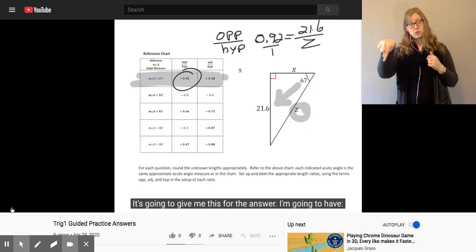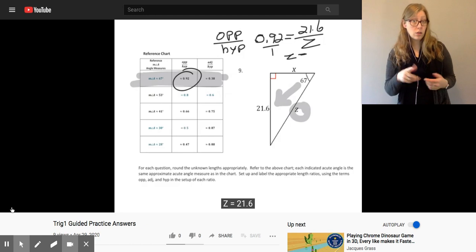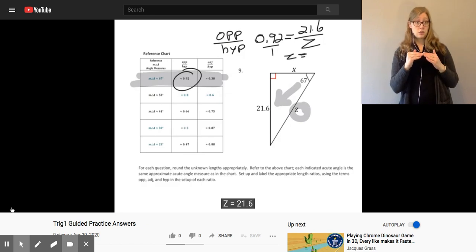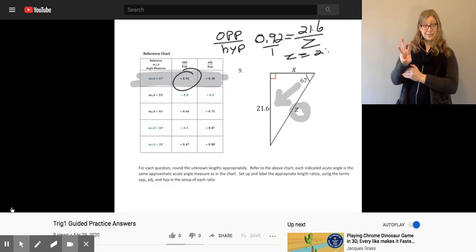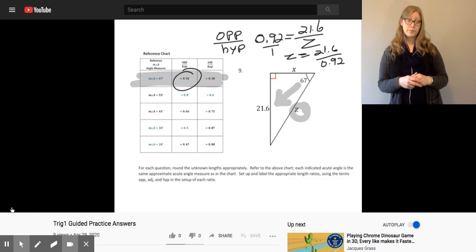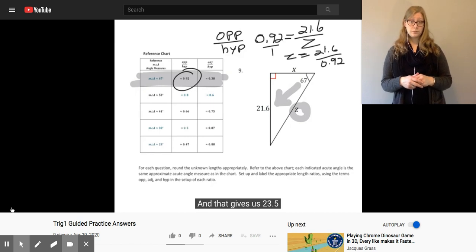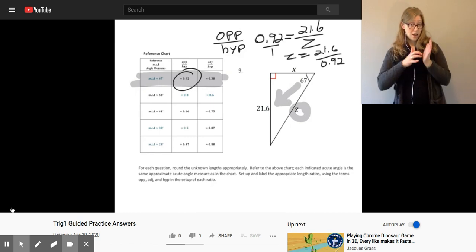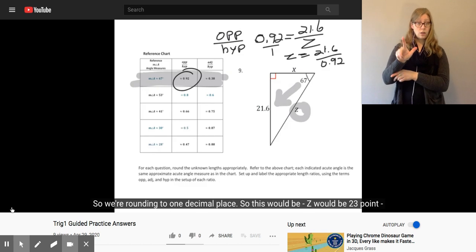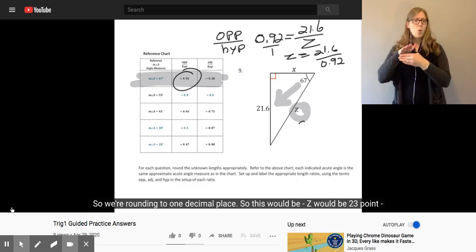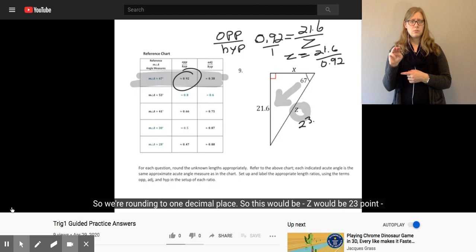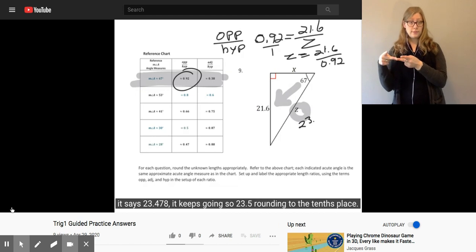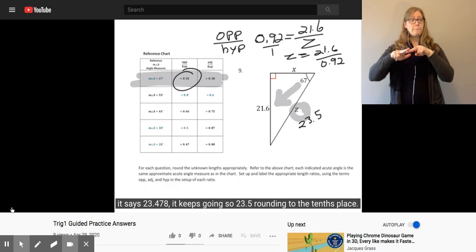I'm going to have z equals 21.6 divided by 0.92. And that gives us 23.5. So we're rounding to one decimal place. It says 23.478, it keeps going. So 23.5, rounding to the tenths place.